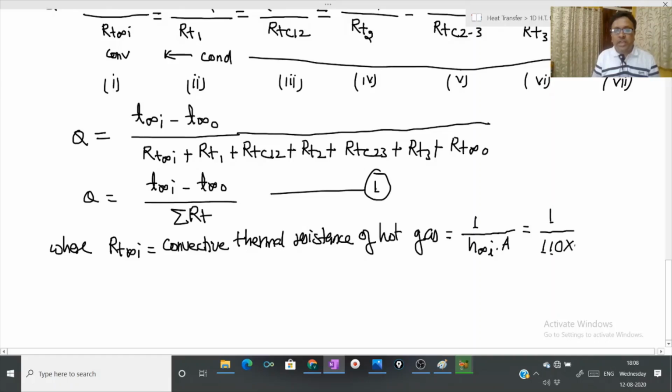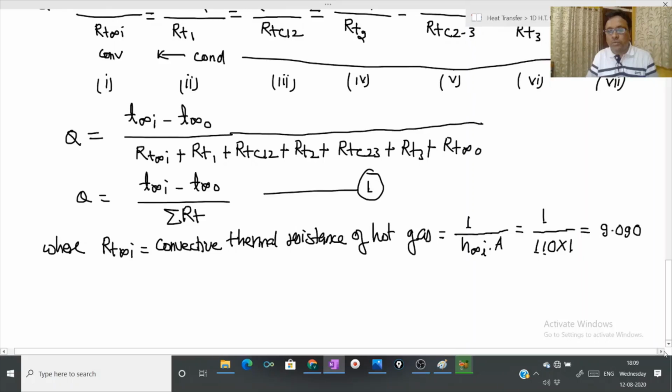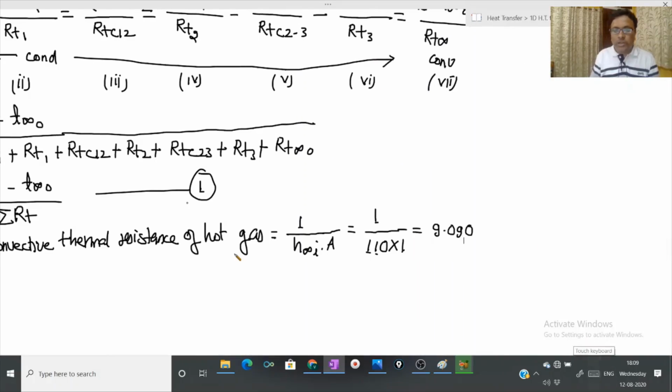And since area I have taken unity, so its value will be 9.090 into 10 to power minus 4.